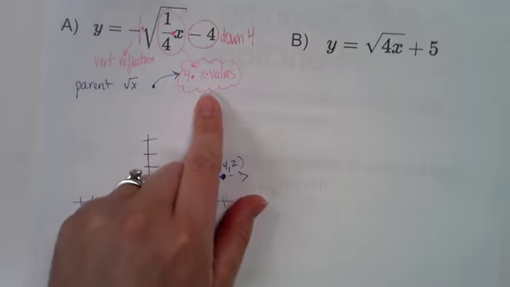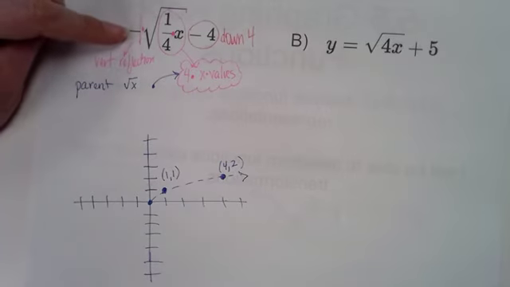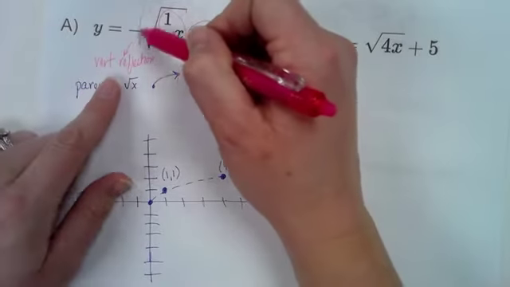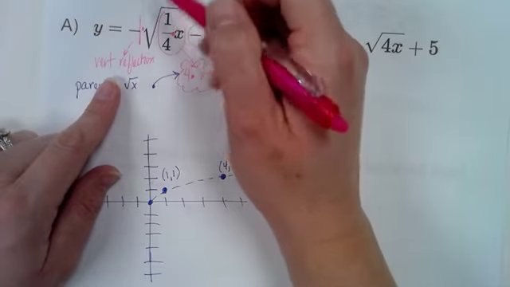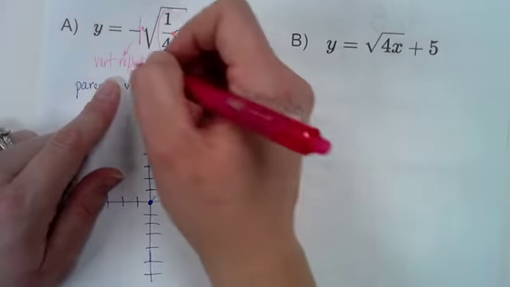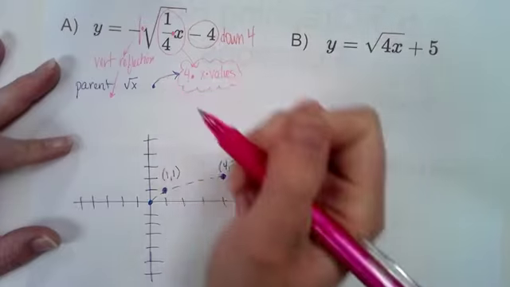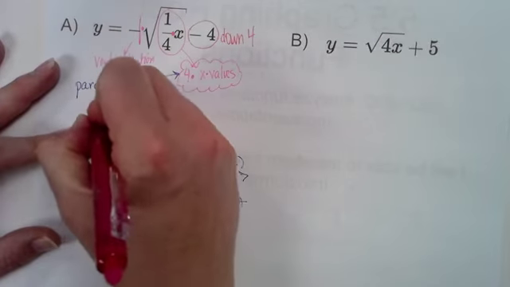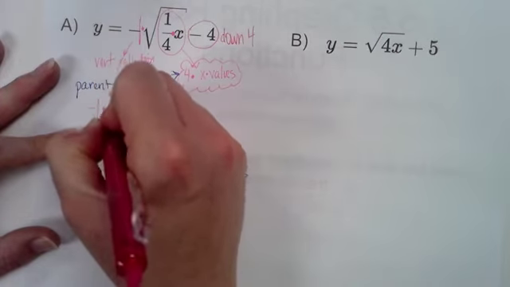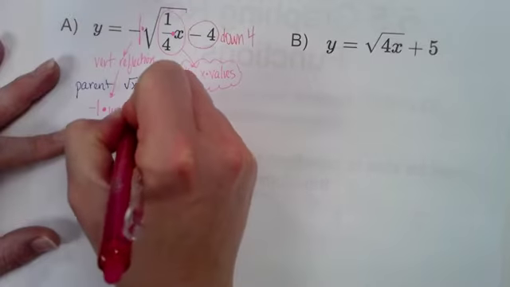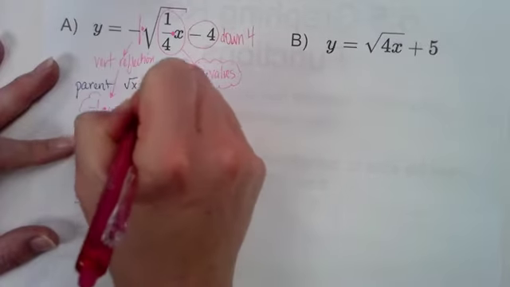Over here, we have this vertical reflection. We said that that was a number on the outside of the function, so it is affecting y values. That vertical reflection says we're going to take -1 and multiply it to the y value, or the y coordinate.